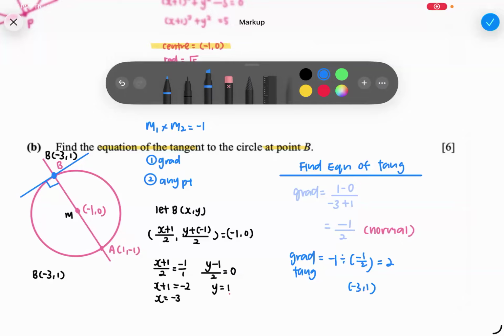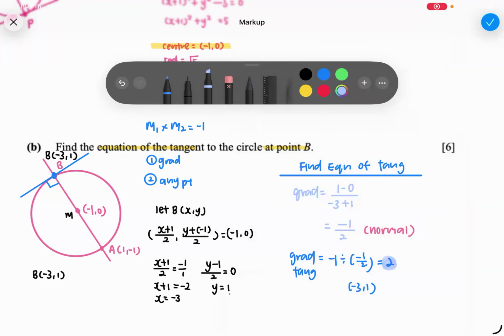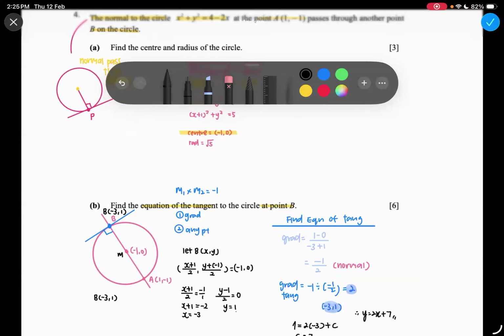Using the gradient and the point, you do y equals mx plus c and find c. So c is 7. Therefore, my answer is y equals 2x plus 7. This is super, super important. It's not that scary, even though it looks like 6 marks. It's actually quite manageable.